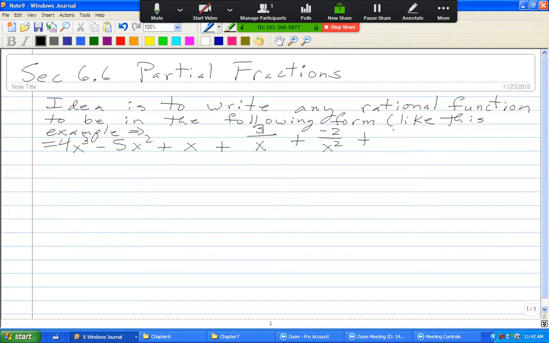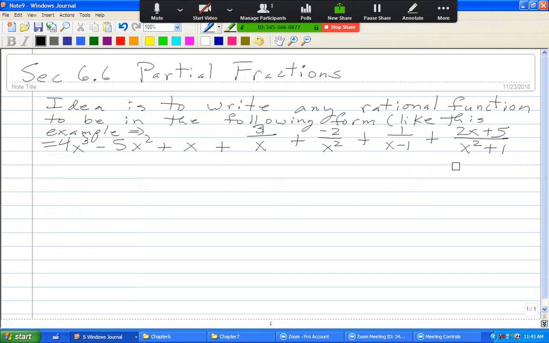So I want some polynomial, and then these fractions. What you notice about these fractions is the denominators are not the product of a whole bunch of factors. They're either linear factors or powers of linear factors or possibly a quadratic factor. And that's it.